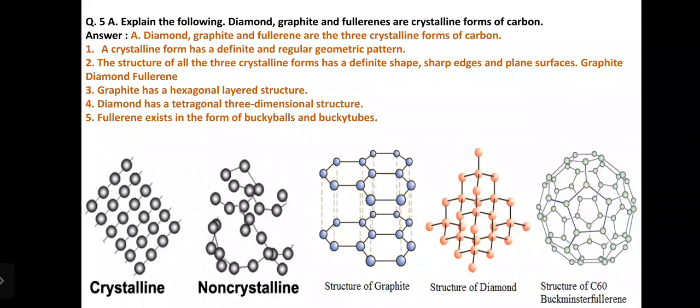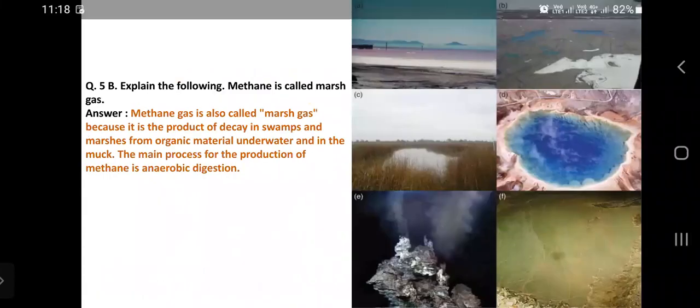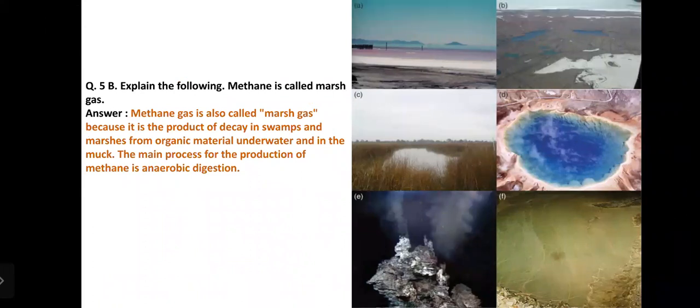Next is explain the following. Methane is called marsh gas. Now, why is methane called marsh gas? Methane gas is also called marsh gas because it is the product of decay in swamps and marshes from organic materials under water.